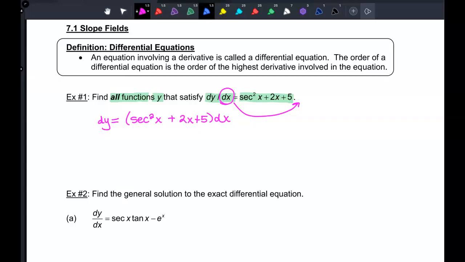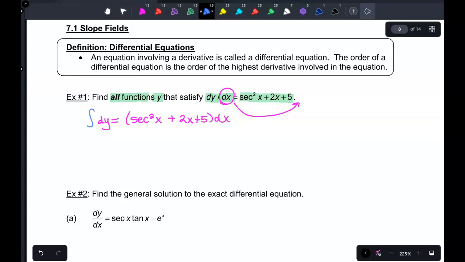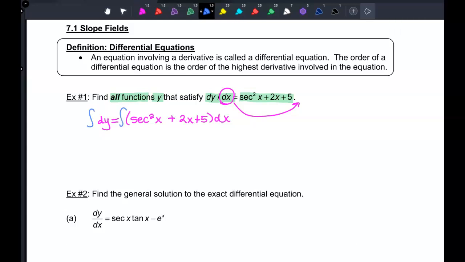Now, the only way to get rid of a differential is to integrate it. On the left side, it's just an integral of a dy, but think there is a 1 there. So what would we get?